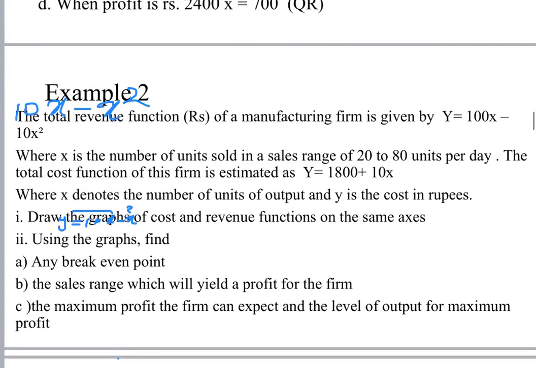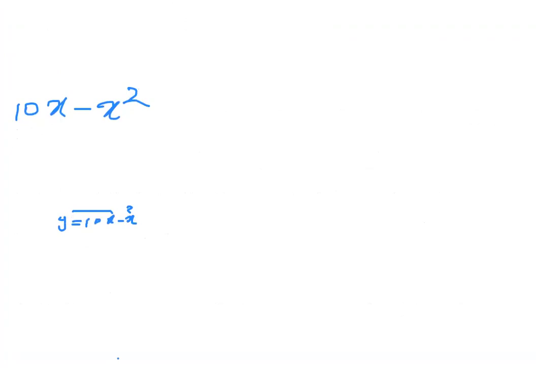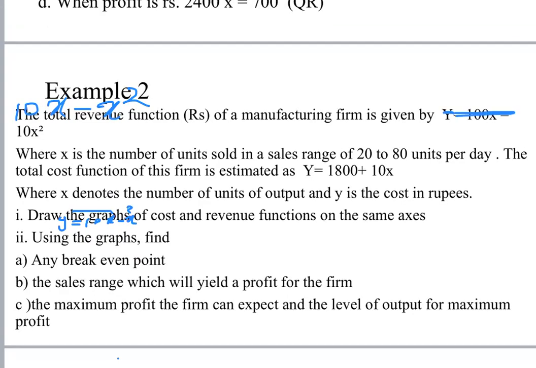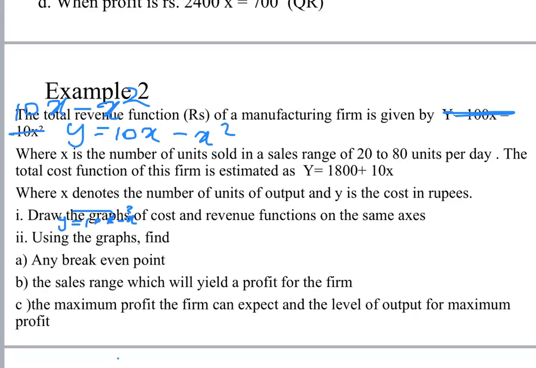Yeah, this one, okay. Oh, I need to write that one. Yes, this one is given by y equal to 10x minus x squared, right? So anyhow, I will change that one. So now we can do that. Where is our graph?